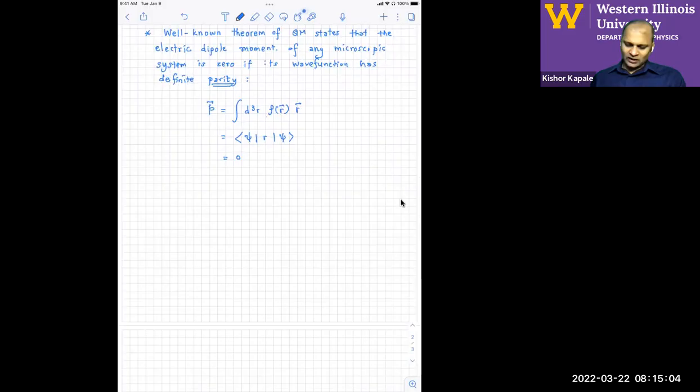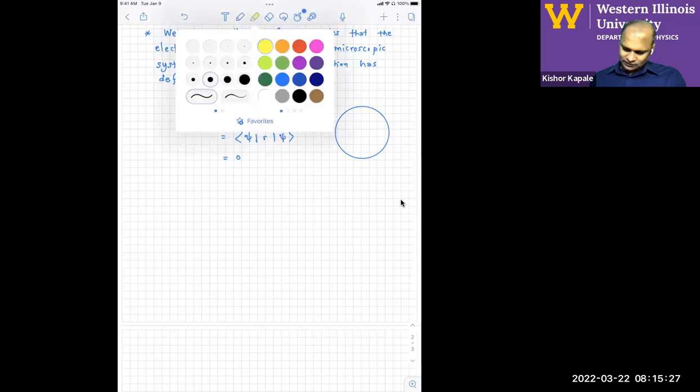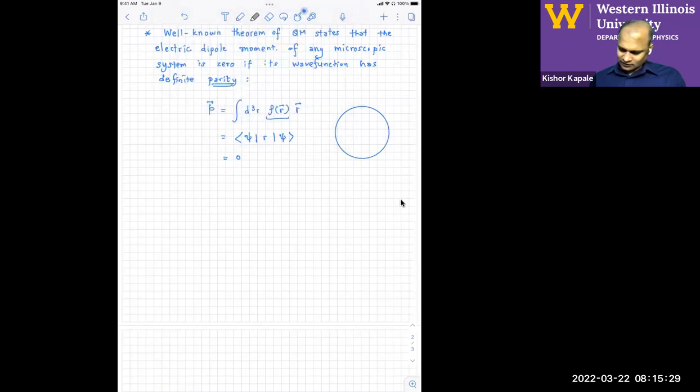So what we're talking about is not the sign of rho of r, that doesn't matter. It's how it is distributed in the space, right? So is it symmetrically distributed? So for example, if you have a charge distribution that is spherically symmetric, right? So let's draw a little circle here, and let's shade this if I could.